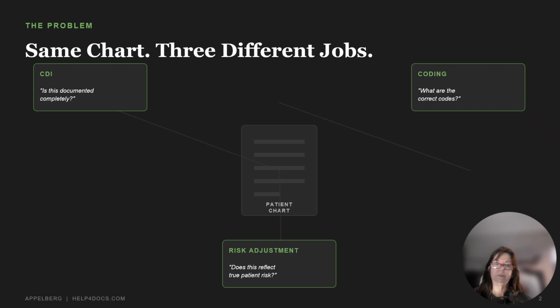So, three different questions, three different outcomes. When people don't understand the distinction, you get duplicated work, contradictory queries to physicians, and in a worst case scenario, audits. So let's break each one down individually, and we'll start with CDI.